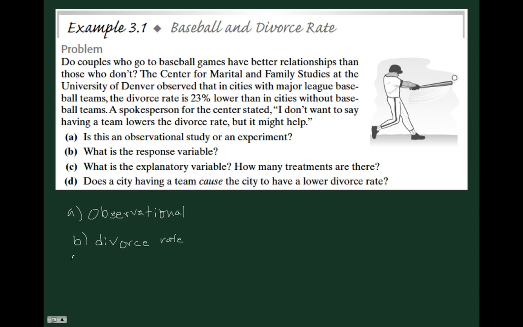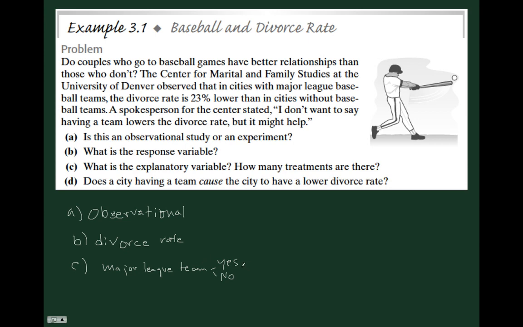Now, the theory is that having a Major League Baseball team is related to, or affects, or is a variable we can use to determine the divorce rate or something like that.